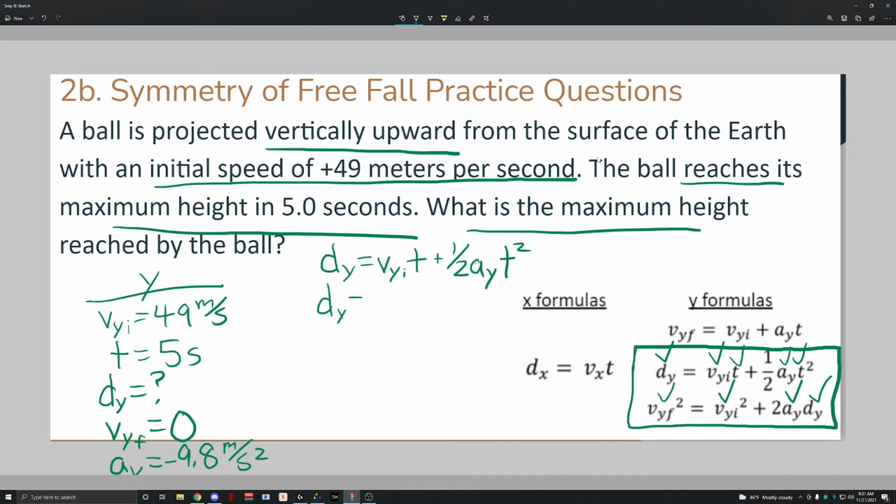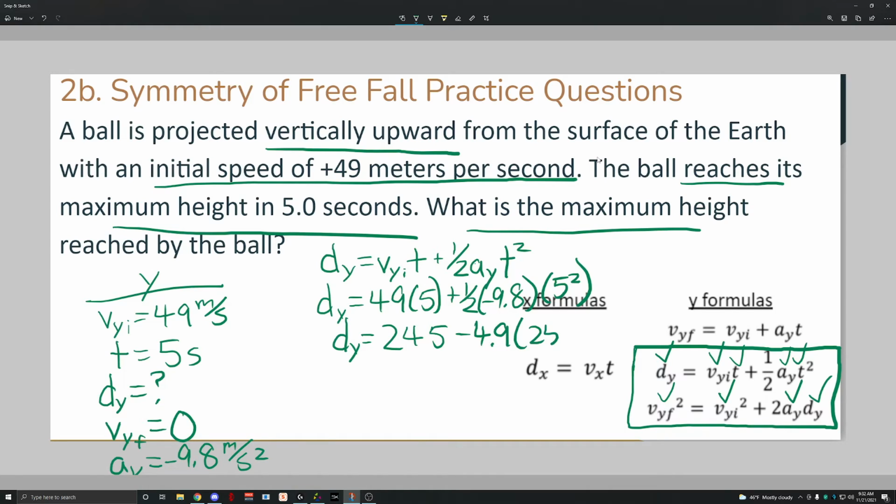dy is equal to 49 times 5, plus 1/2 times negative 9.8 times 5 squared. 49 times 5 is 245. 1/2 times negative 9.8 gives you negative 4.9. 5 squared gives you 25.